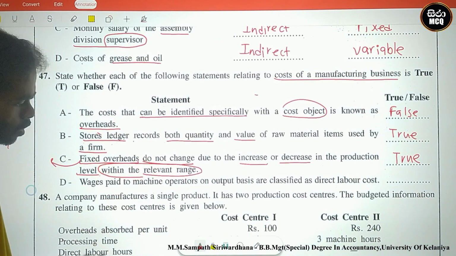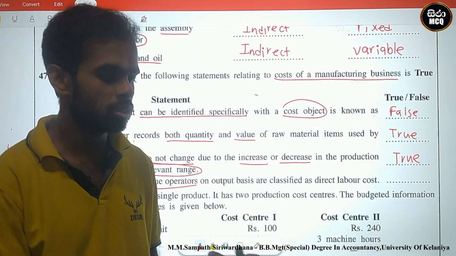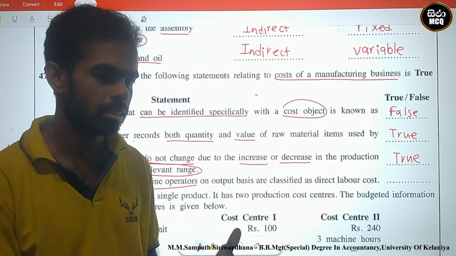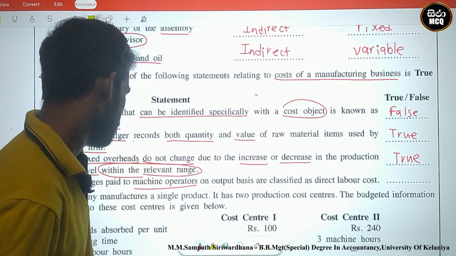Next one, wages paid for machine operators. Machine operators produce some product, like cake or other products, and operate machines, cutting or other machines.